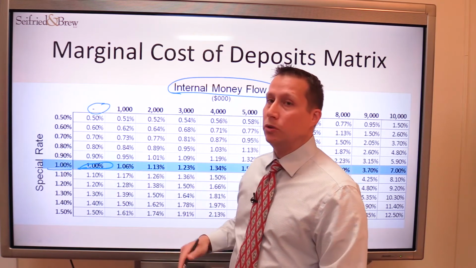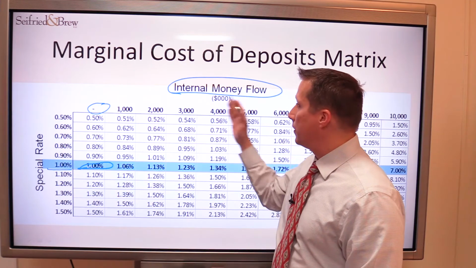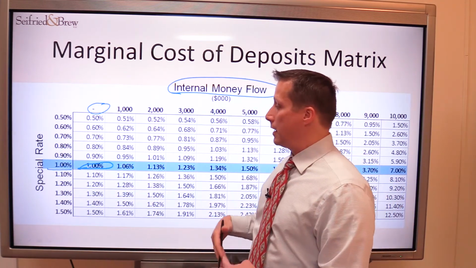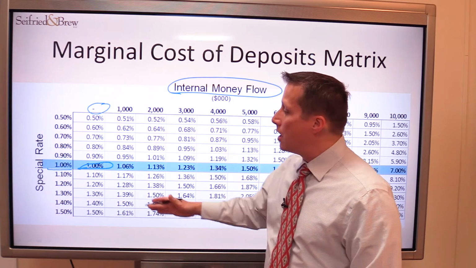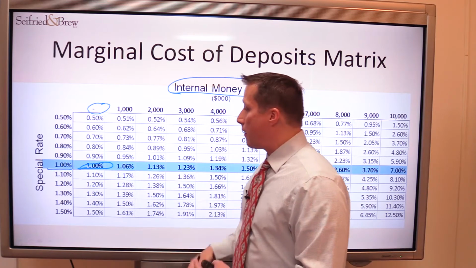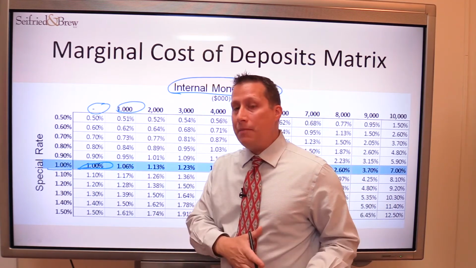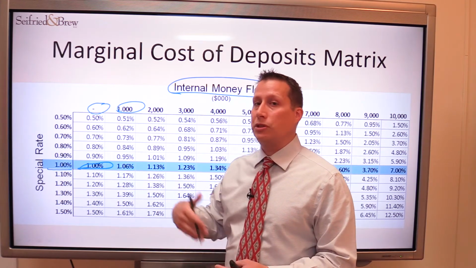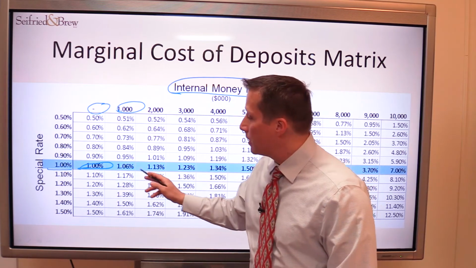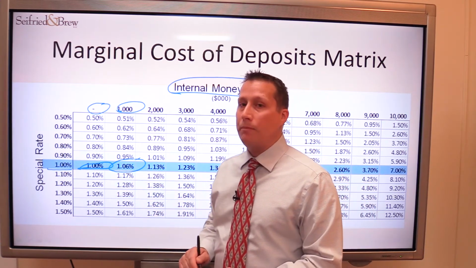Now, once we start to see inflows from other accounts, which we call internal money flow, also known as the cannibalization of the accounts, the overall marginal cost of deposits starts to increase. For instance, if we look at $10 million coming in from outside sources and $1 million flowing in from internal deposits, you can see that marginal cost is now 1.06.